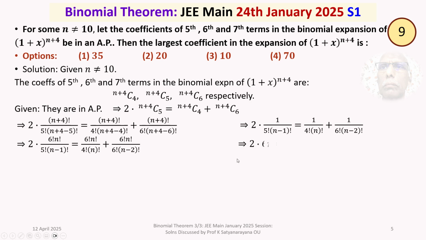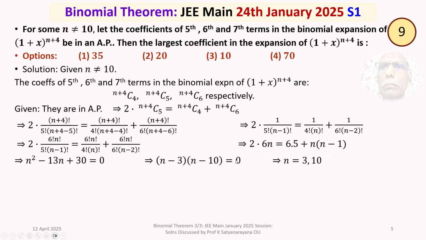So 2 times 6n. 6 factorial by 4 factorial is 6 into 5, and n factorial by n factorial is 1, 6 into 5, plus 6 factorial by 6 factorial is 1, n factorial by (n minus 2) factorial is n into (n minus 1). Agreed. Multiply.